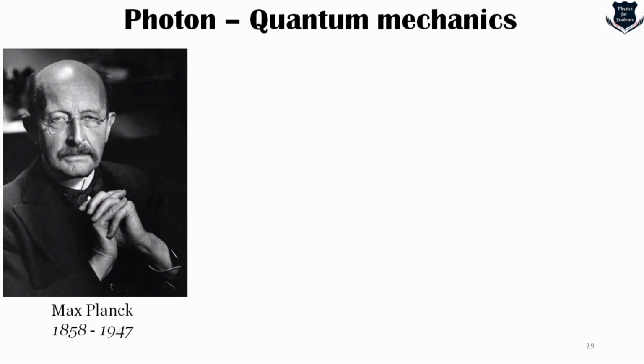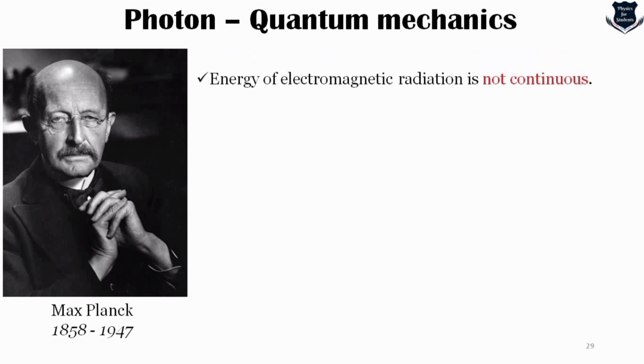Now at the turn of the 20th century, this person you are seeing on the screen, Max Planck, deduced, maybe partly by accident, that the nature of electromagnetic radiation was actually not continuous, but has certain discrete packets of energy.